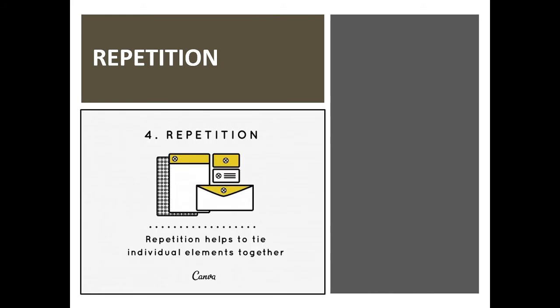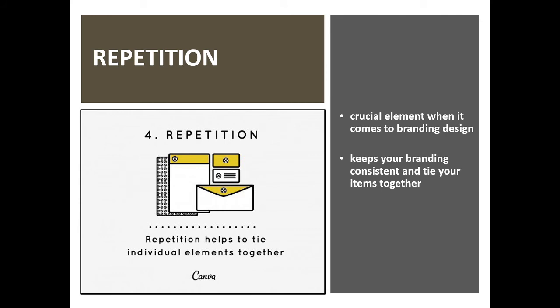Repetition. So this one, repetition helps to tie individual elements together. It is a crucial element when it comes to branding design. It keeps your branding consistent and ties your items together. So ano ba yung repetition?